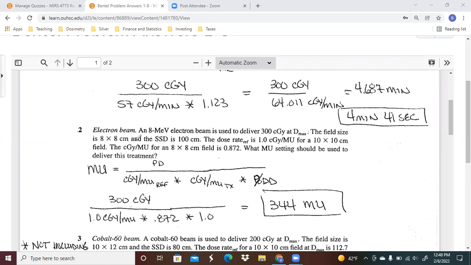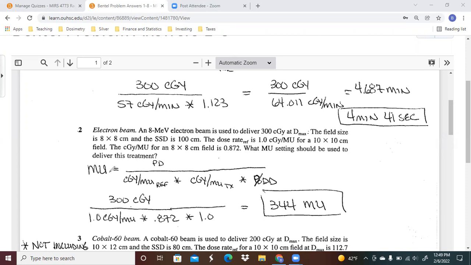The field size is 8x8. The SSD is 100. The dose rate is 1.0 centigrade per MU for a 10x10 cm field. The centigrade per MU for an 8x8 cm field is 0.872. So what MU setting should be used to deliver the treatment?